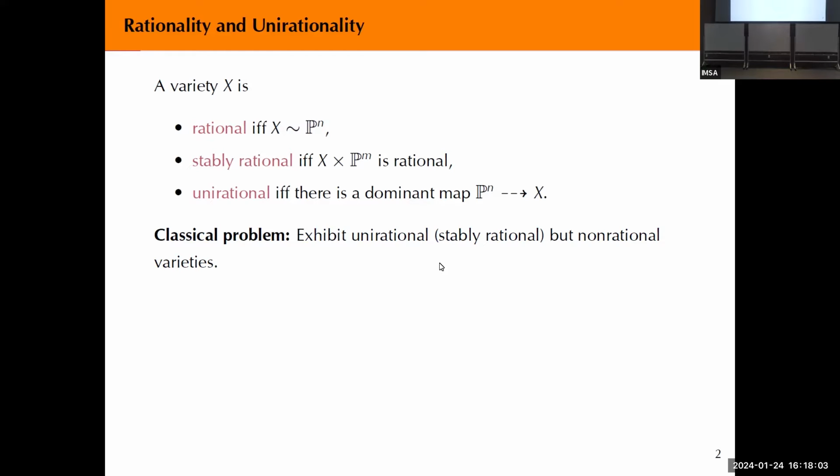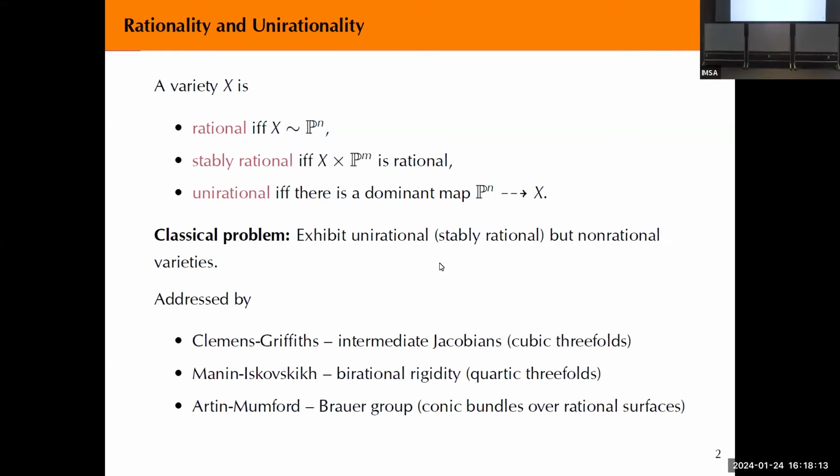And indeed, distinguishing rational and stably rational varieties, and in particular unirational and non-rational varieties, became possible thanks to fantastic work of Clemens and Griffiths using intermediate Jacobians, on cubic threefolds, Iskovskikh and Manin, certain quartic threefolds are unirational but not rational.